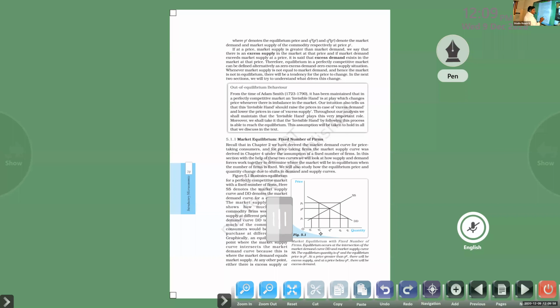But here we want to see for P star, price is P star, quantity demanded is Q star, which means the producers are able to sell the product at that price and supply it in the market, and all the consumers are also able to purchase that product from the market at the P dash price, and they will purchase a Q dash quantity.